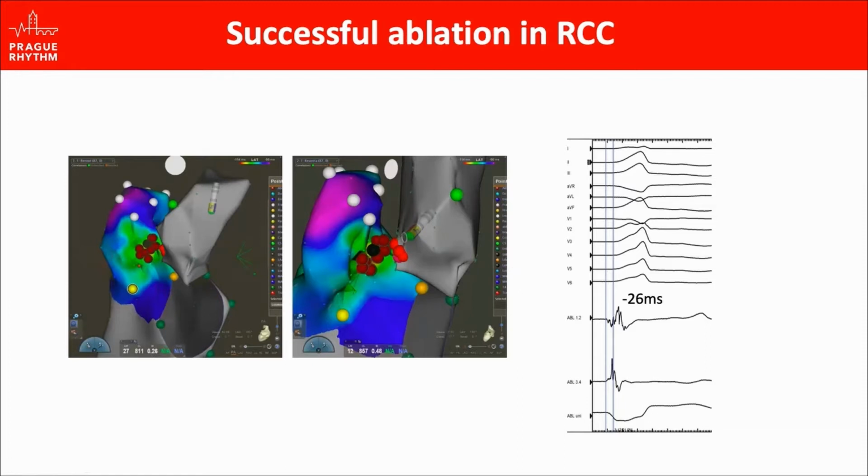Now we can debate if this ablation in the RCC would be enough in this patient, but in our experience, you may start mapping and ablation in the aortic root, but sometimes you still have to go to the opposite side, to the RVOT, and ablate from the other side. This is the so-called sandwich ablation, which is very effective, especially if the focus is located deep in the tissue.